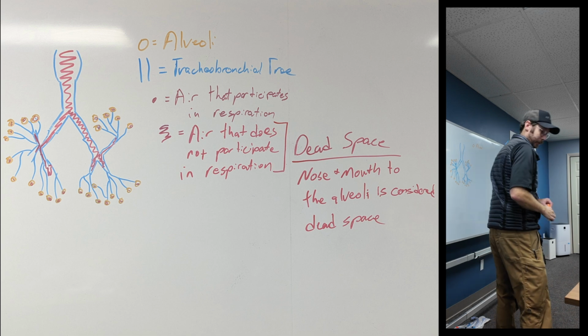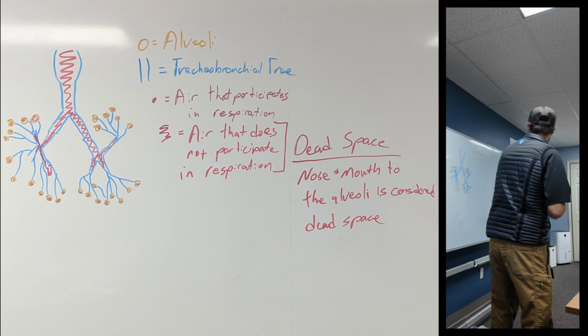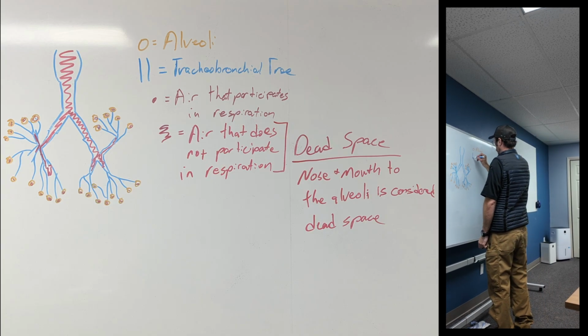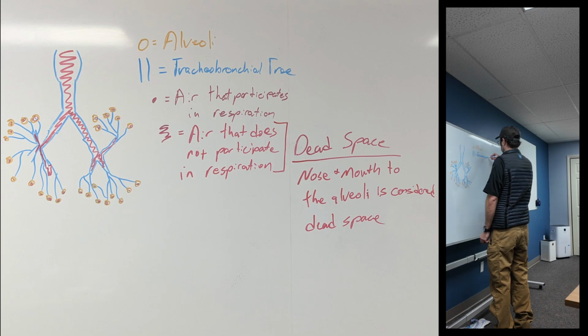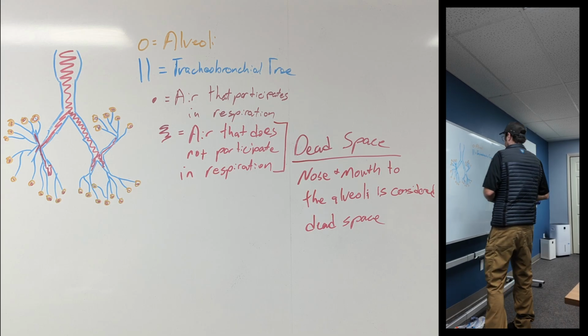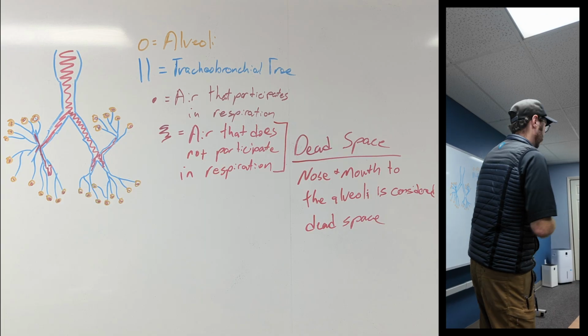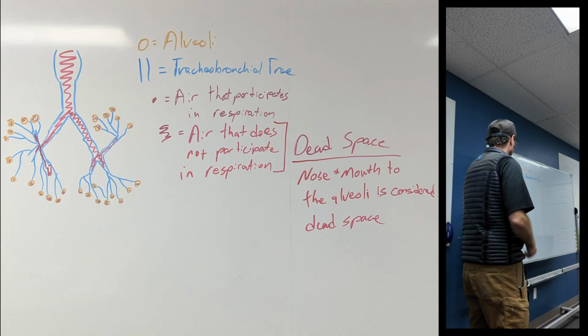So the little circles there represent your alveoli, and all the blue lines here are your tracheobronchial tree structures. Right?